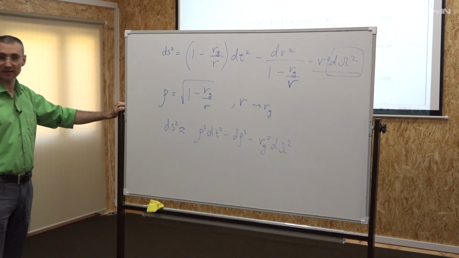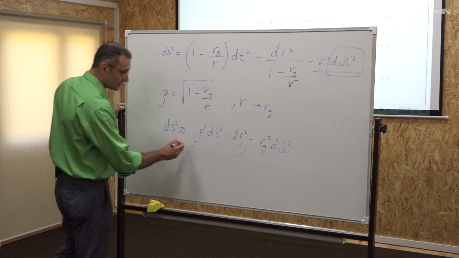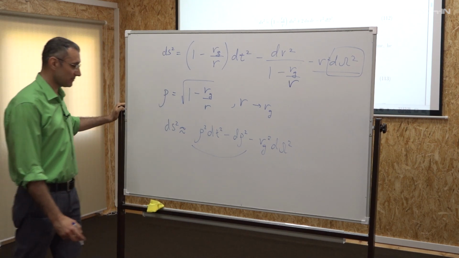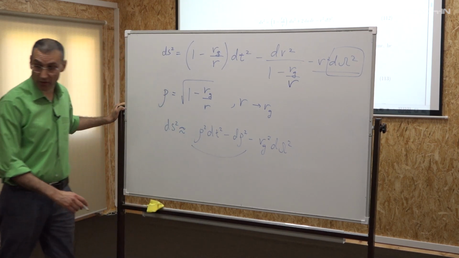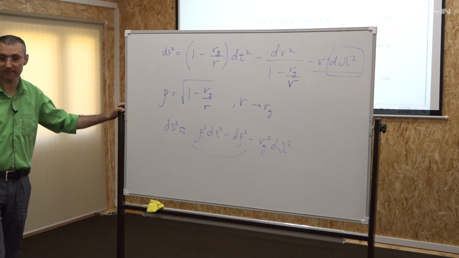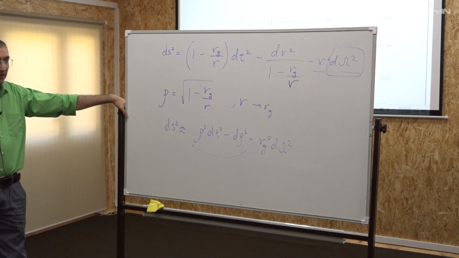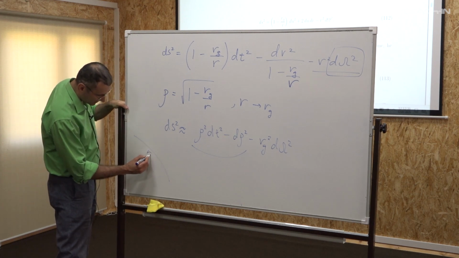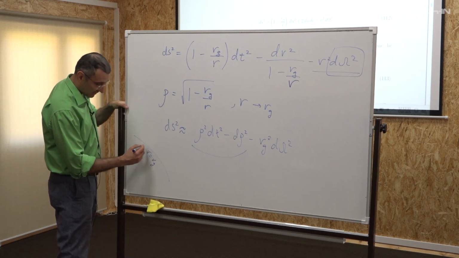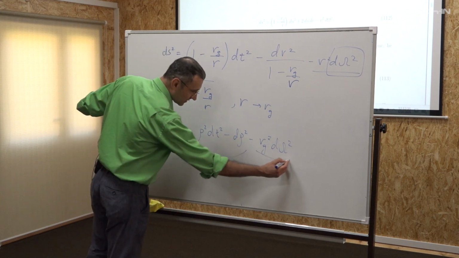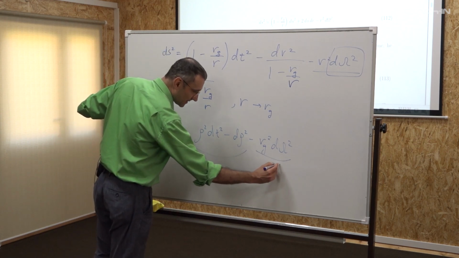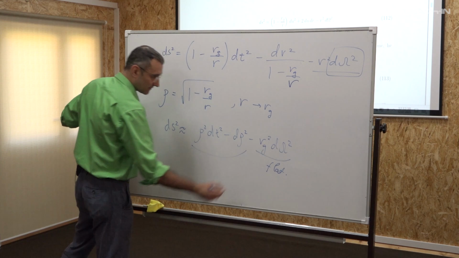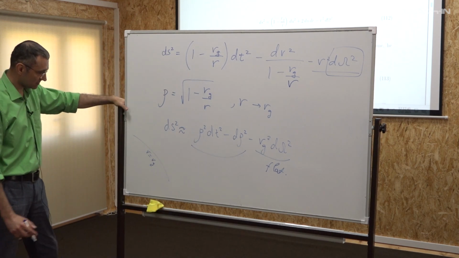So you can see that its two-dimensional part actually coincides with Rindler coordinates. That corresponds to the fact that if you are very close to the horizon, and the horizon is big, this can be approximated by flat space in case r_g is huge.